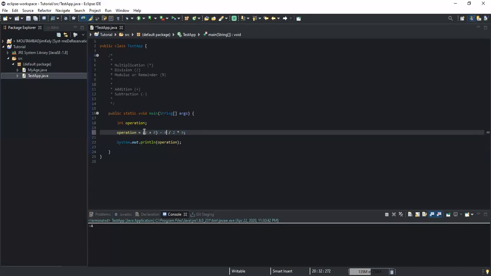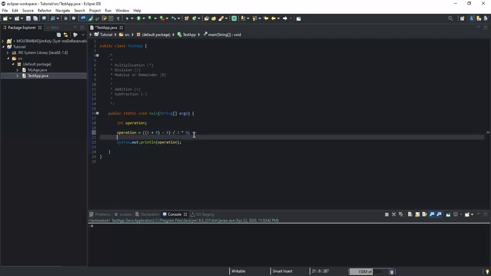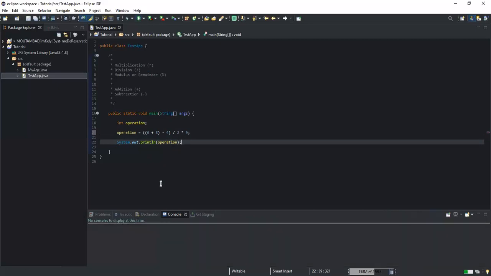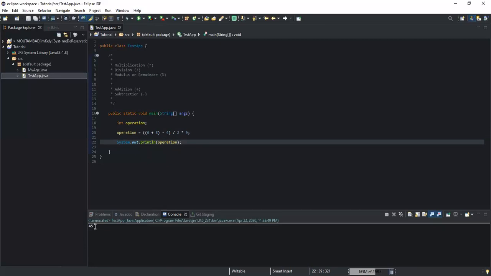So I'll put it into brackets, and I'll also put the minus 4 into brackets like this. If I run this operation, I will not have the same result. Okay, so let me run this. So now you see I'm having 45 because I have used parentheses.